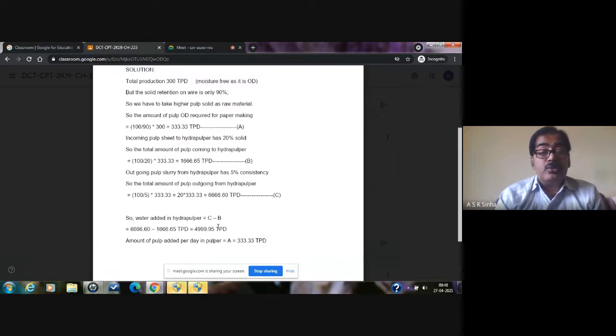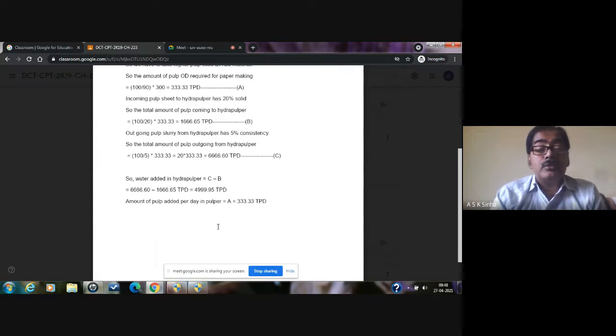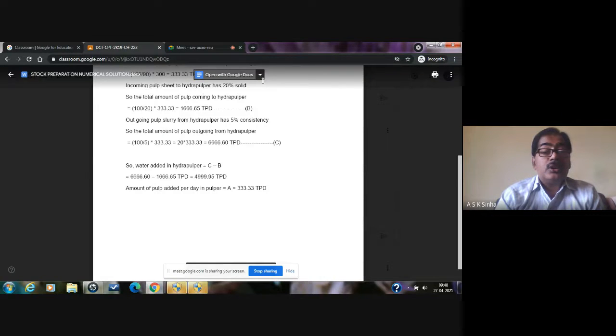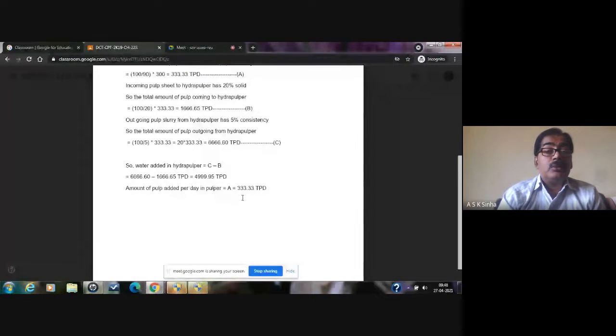Now we can calculate the amount of water that's being added in the Hydra pulper. That will be C minus E. This is the total after dilution, and this is the total before dilution. If you take the difference, it will give the amount of dilution water. It will come to 4,999.95 tons per day.